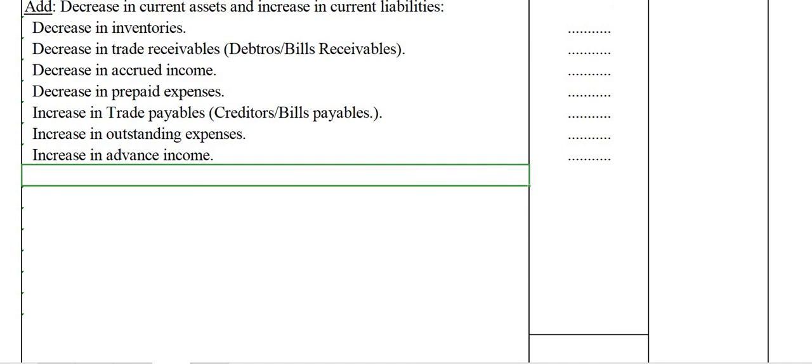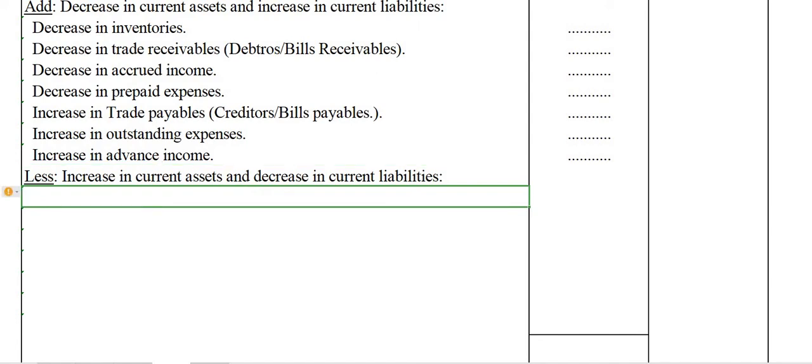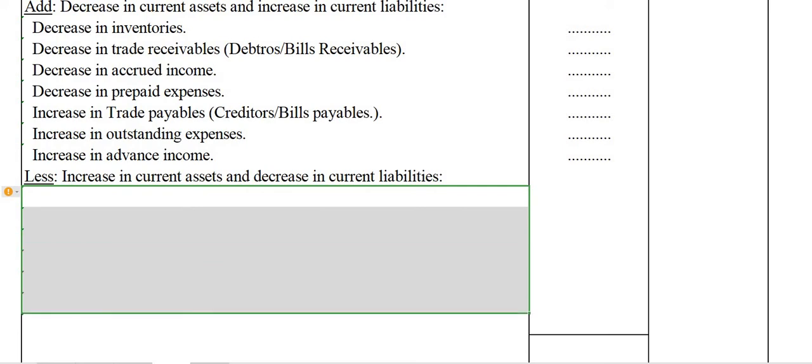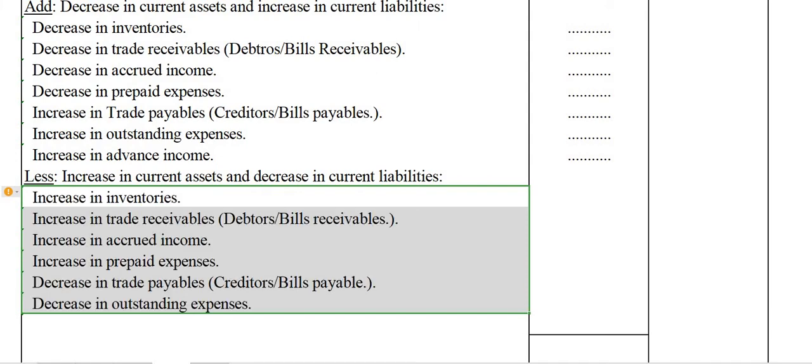Then after that, from that we will deduct all the increase in current assets and decrease in current liabilities. That means whatever is added, its opposite will be deducted. Current assets increase will be deducted and current liability decrease will also be deducted. Okay, so let us see one by one.